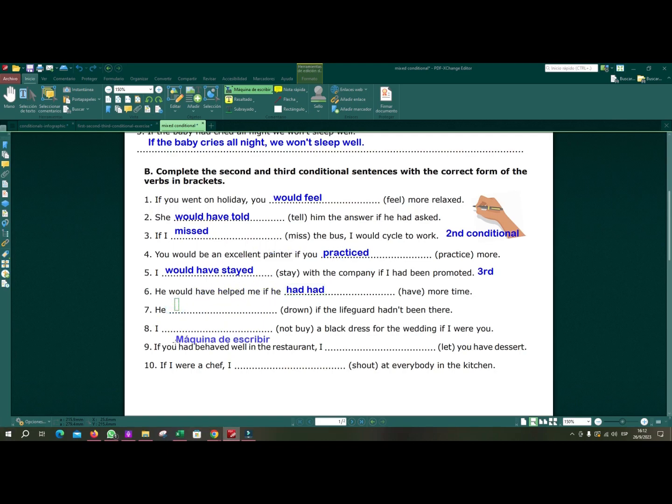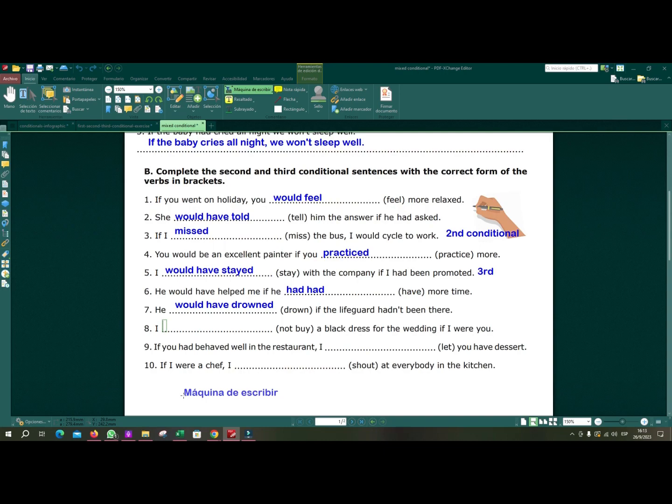Number 7. If the lifeguard hadn't been there, that is also third conditional. So he would have drowned if the lifeguard hadn't been there. So third conditional also. Number 8. Don't buy a black dress for the wedding if I were you.